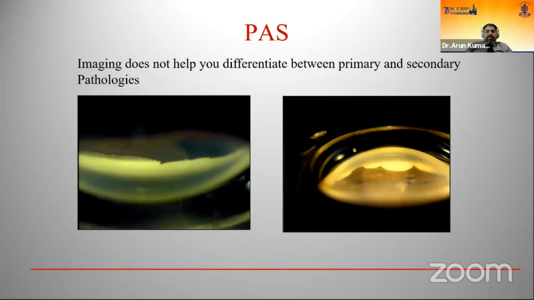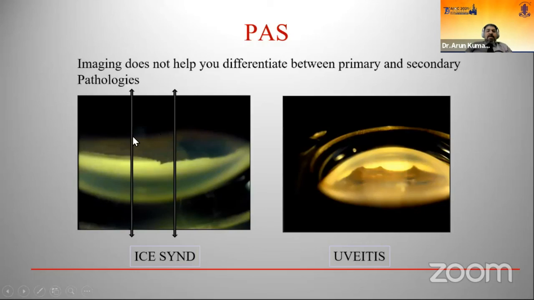Now, let us consider this example on the left. If an imaging scan line runs through this area, what you get is essentially an open angle on the AIOC. And if it runs through this area, it's essentially synechial angle closure. Whereas when you do gonioscopy, the presence of a simultaneous open area of the angle as well as synechiae is clearly indicative of a diagnosis.